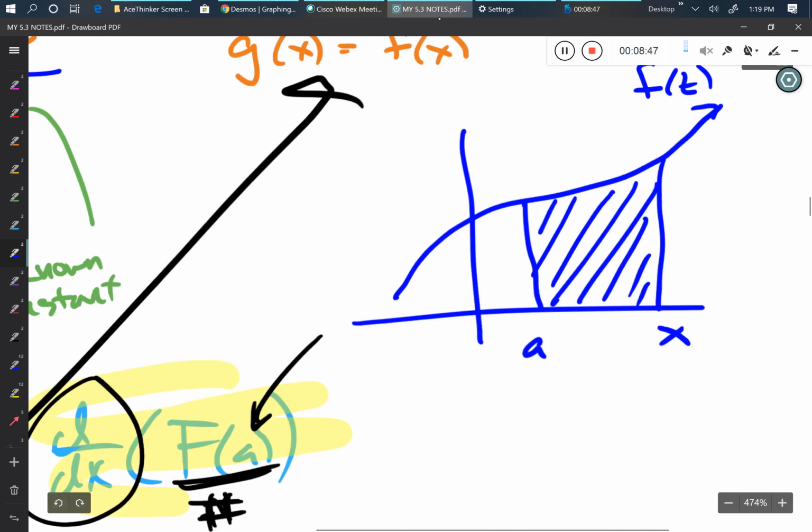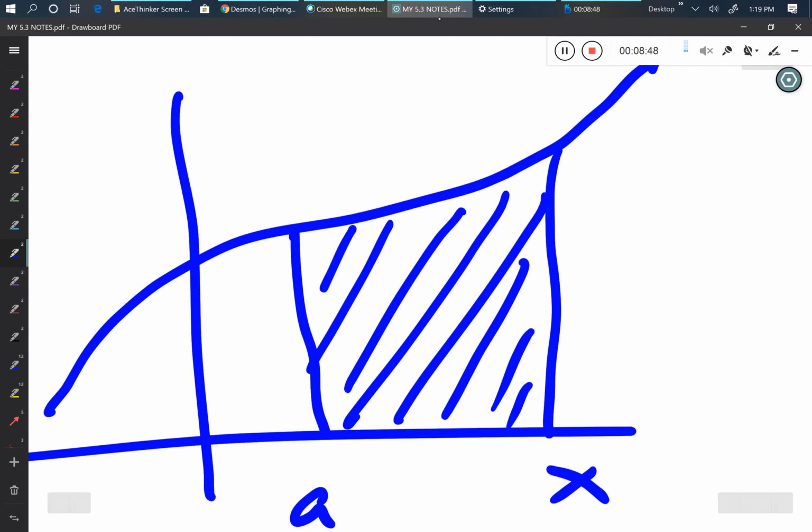Well, the rate of change of the function g.